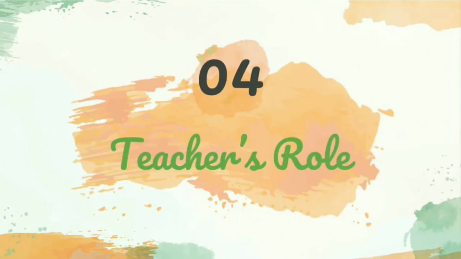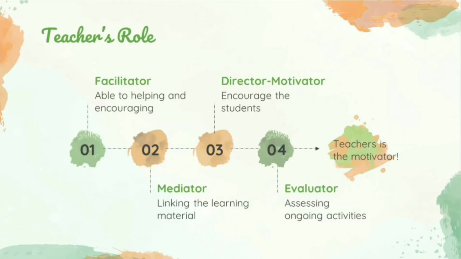Next, the teacher's role in the cooperative learning model. The teacher's role in cooperative learning is as a facilitator, mediator, director, motivator, and evaluator. As a facilitator, a teacher must have the following attitudes. First, able to create a comfortable and pleasant classroom atmosphere.